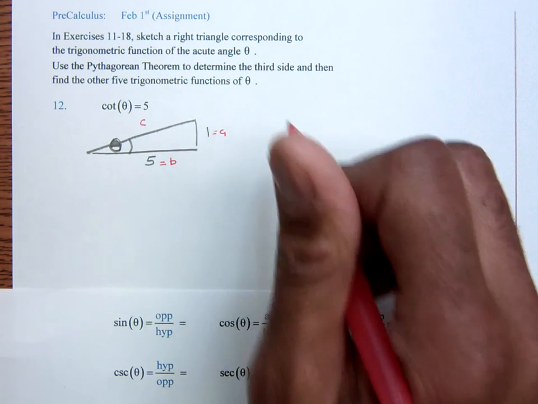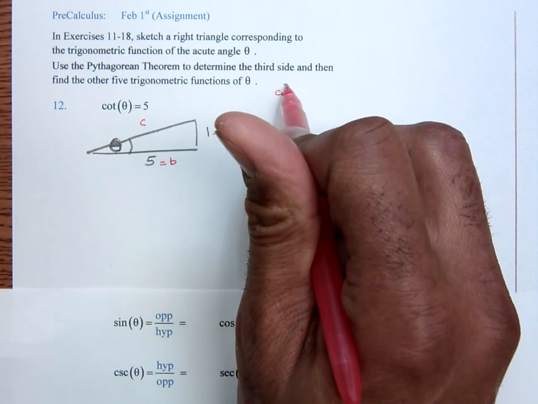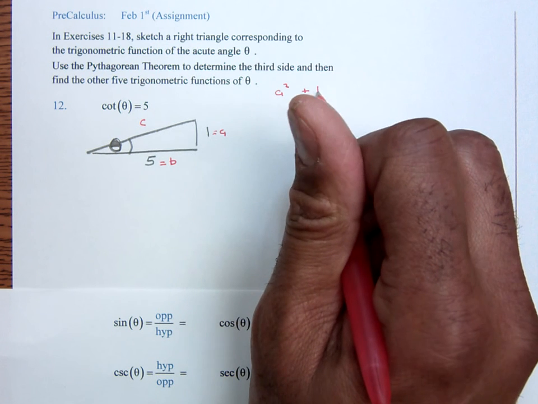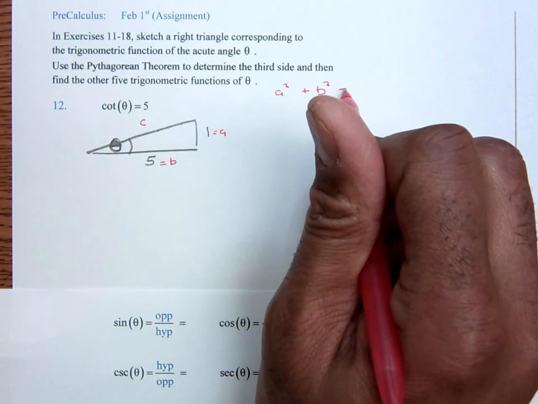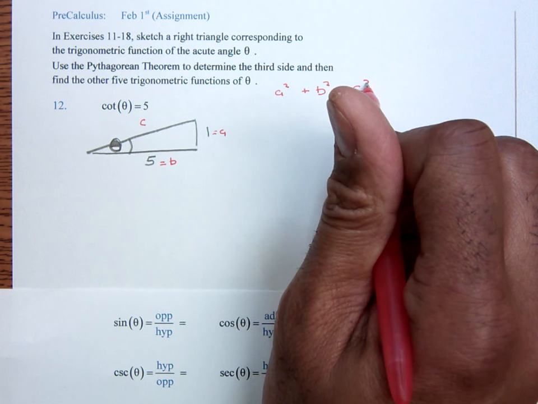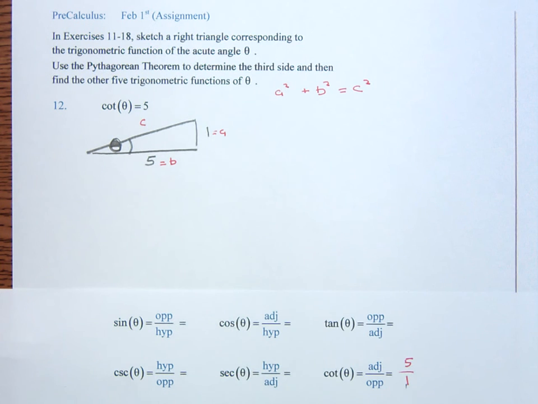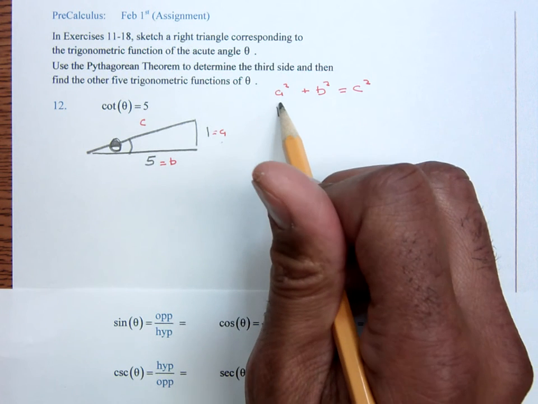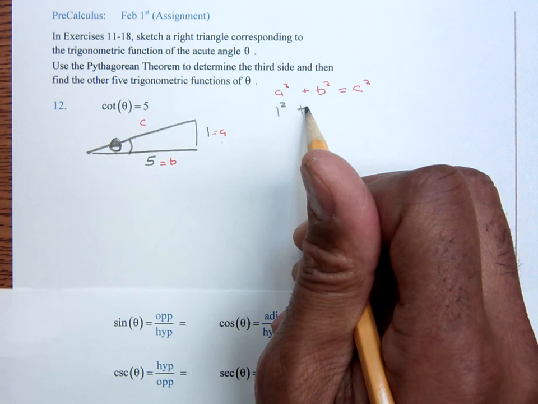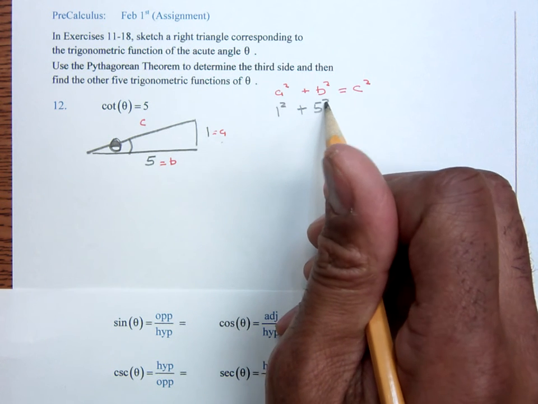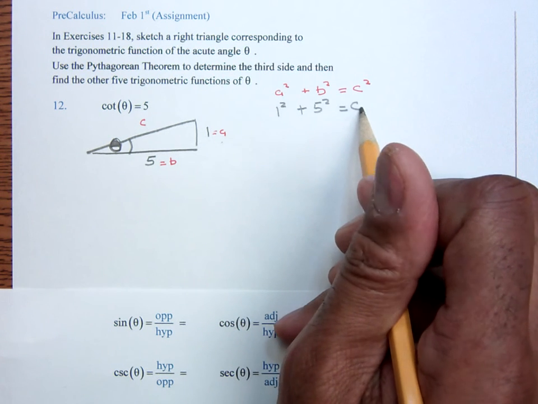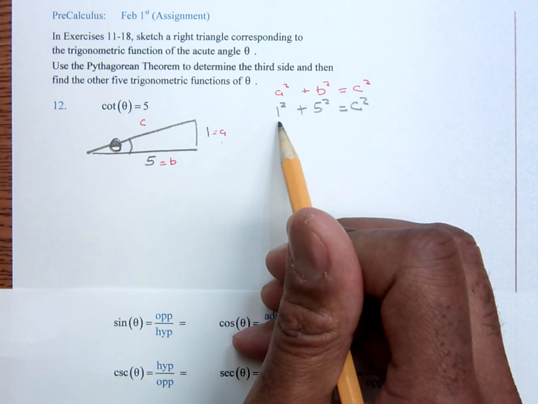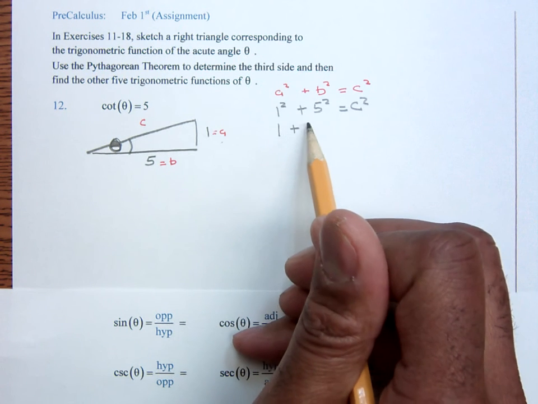Remember the theorem, Pythagorean's theorem, says that A squared plus B squared equals C squared. So let's substitute what we do have here. Instead of A squared, we'll just put 1 squared. B squared will be 5 squared. And then we'll be able to find C squared, or find C. This will be 1 plus 25.